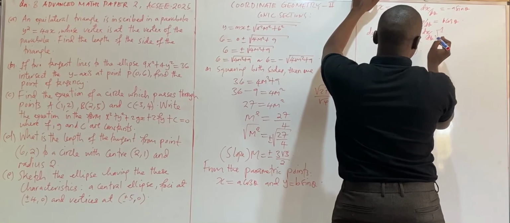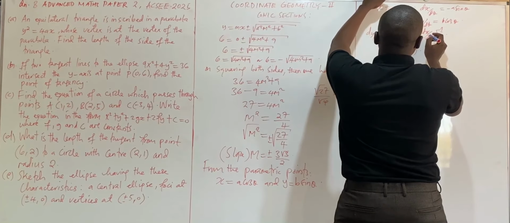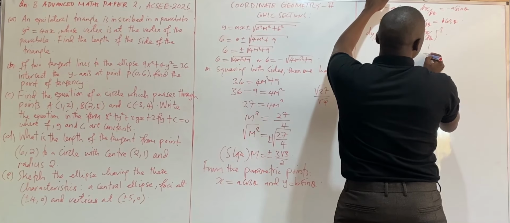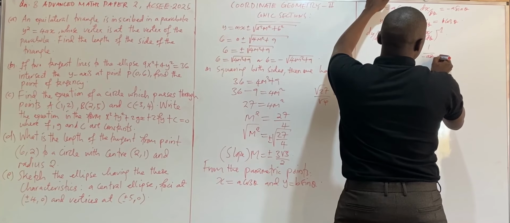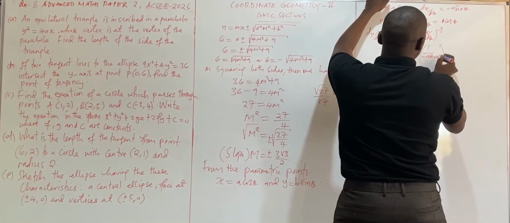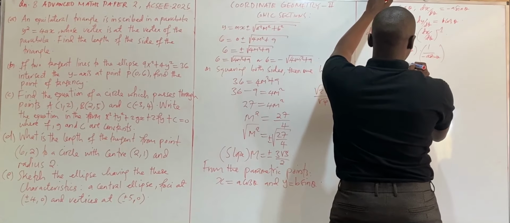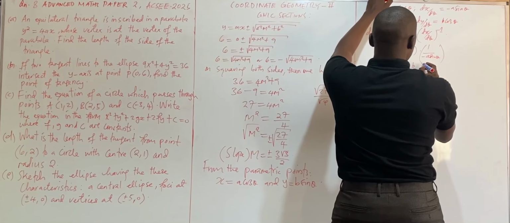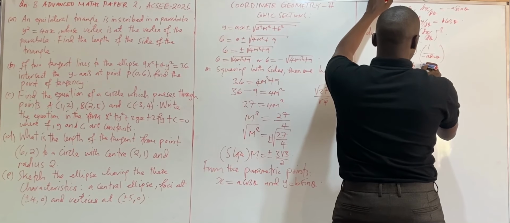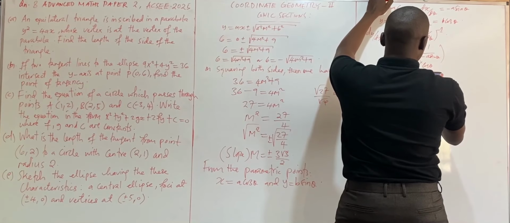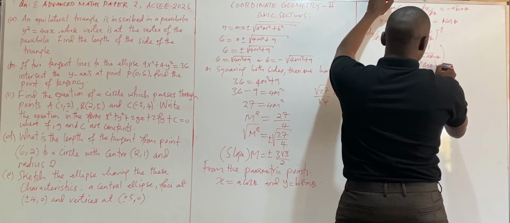It means now we times 1 over negative a sine of theta, because here we are reciprocating it. So if that is the case, it will be negative b over a, times cosine of theta over sine of theta.